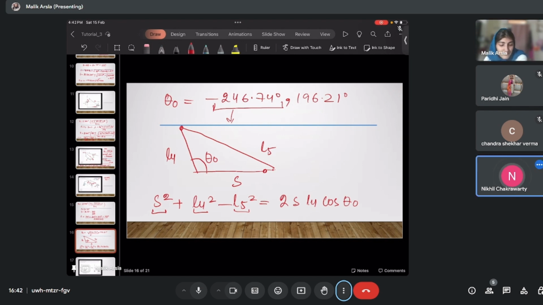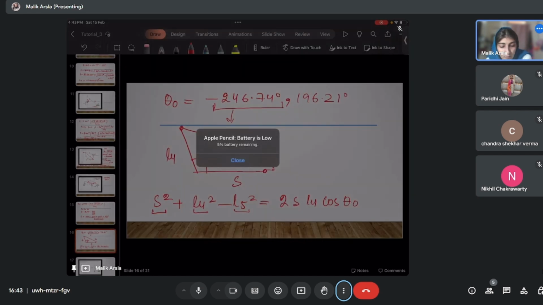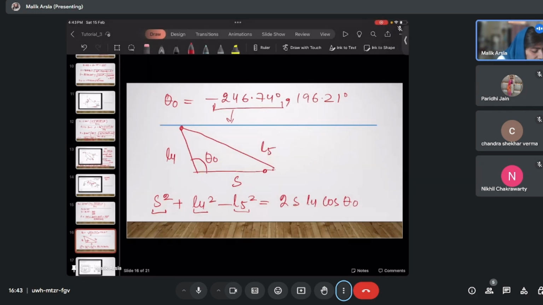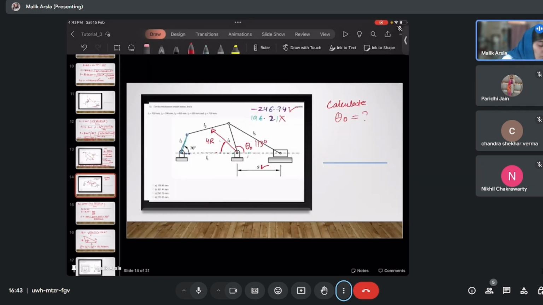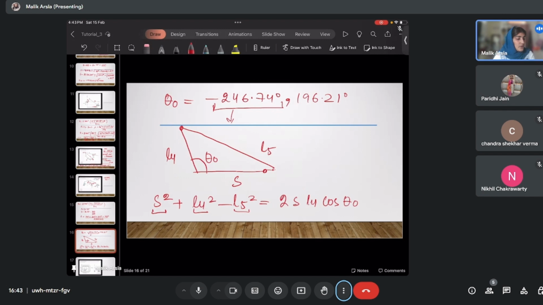Ma'am, 150. I guess 150 is incorrect. It should be 271.65 mm. That is what I was calculating. I was getting two answers, minus 745.45 and another was 271. Okay, wait a second. It is asking the S value only.